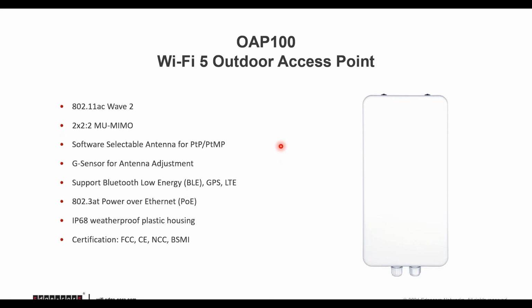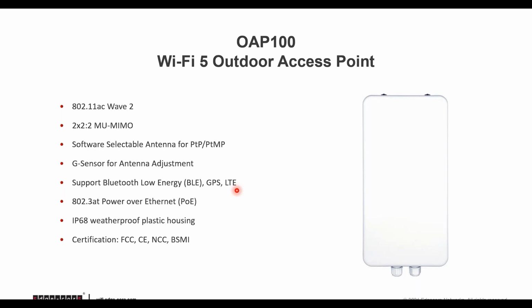Okay, the last one is OAP100. The major differentiation is we implement two antenna elements inside, so you can use the software to choose which application you want to do. You can do point-to-point or point-to-multipoint. We also implement a G-sensor, which is very useful for antenna adjustment, and it has Bluetooth, GPS, and LTE.